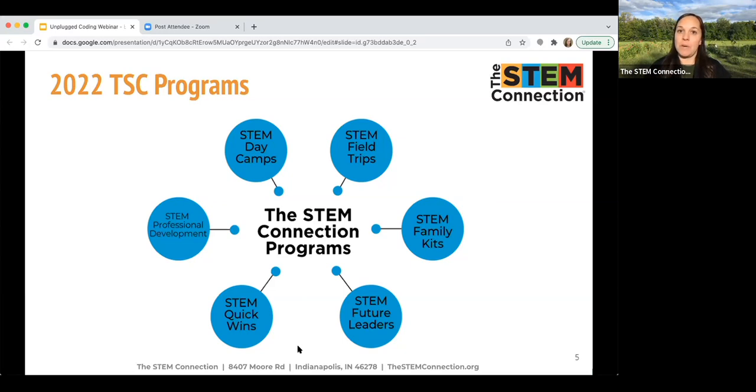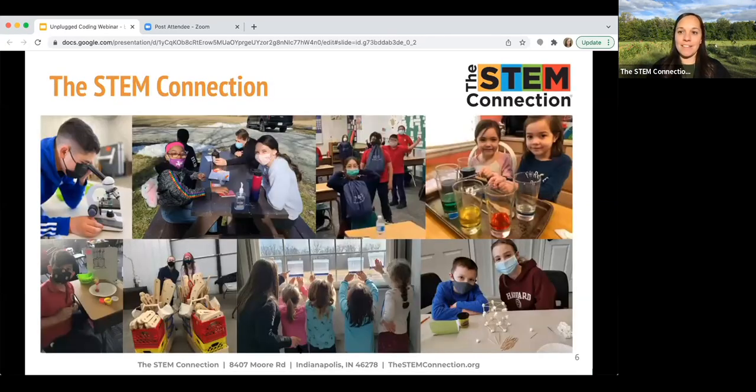So we'll talk a little bit more about those, because we do have some unplugged coding activities in our STEM Quick Wins library that we will share with you in a little bit. And then finally, again, just more pictures that tell the story.